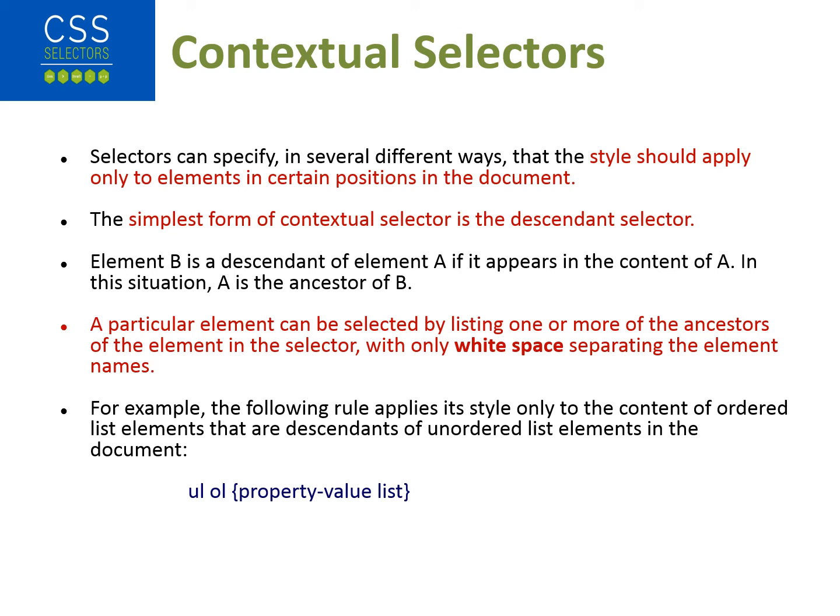There should be some condition: element B is a descendant of element A if it appears in the content of A. In this situation, A is the ancestor of B. There should be some relationship between these elements. Here, UL OL property value list means OL should appear inside UL. Only that type of OL elements can have this property value list.